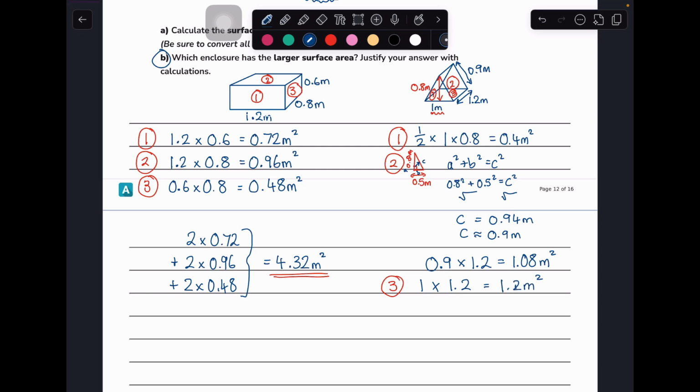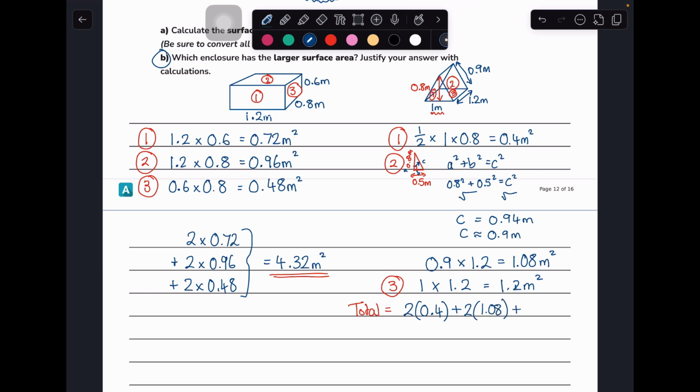Now when I find my total surface area, that's going to be equal to 2 times the triangle, so 2 times 0.4, for the two faces at the front and the back. I need to add 2 times the second, for both of the rectangular sides, so 2 times 1.08.